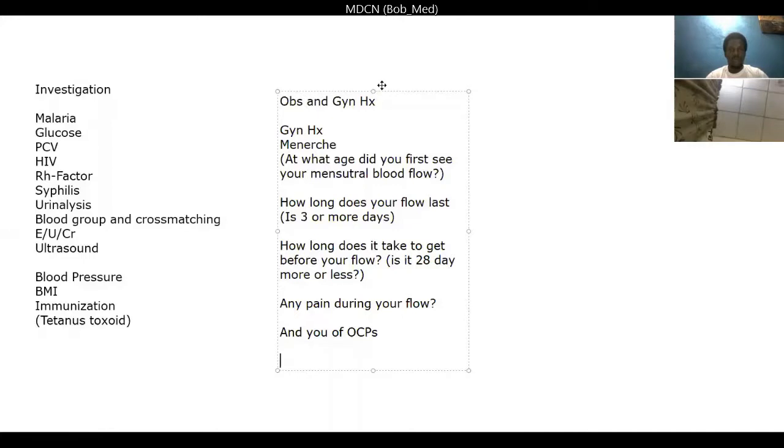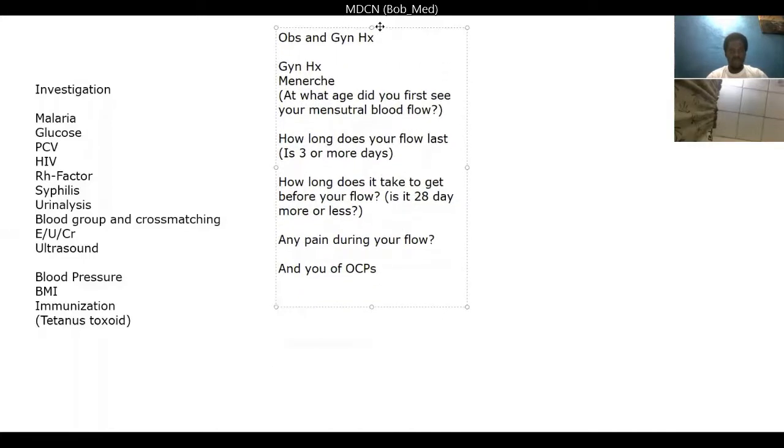And very important, you also want to rule out things like abortion. Any history of abortion. You also want to ask about pap smear, if the person has done a pap smear before.